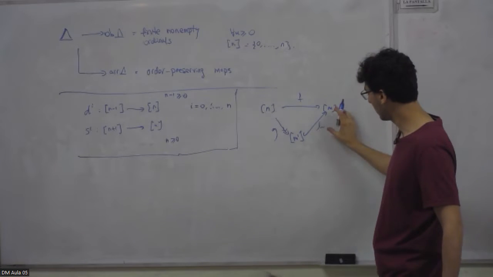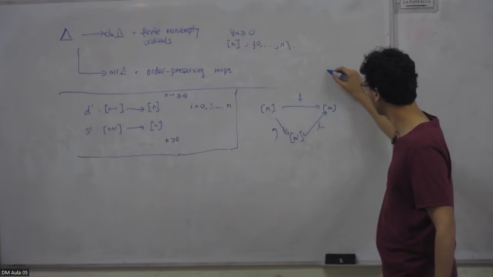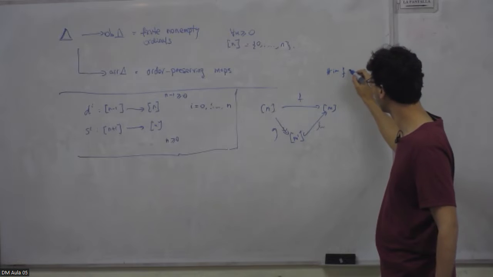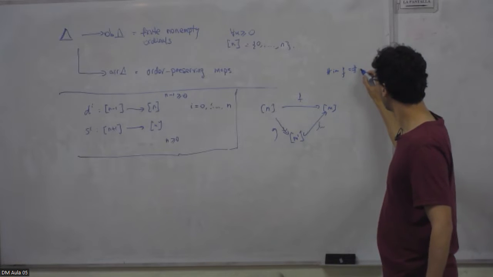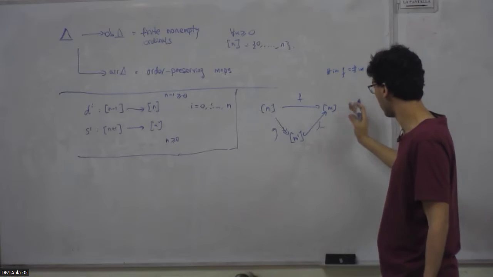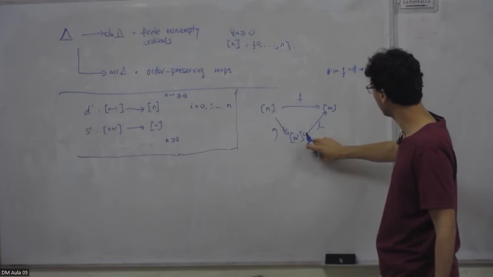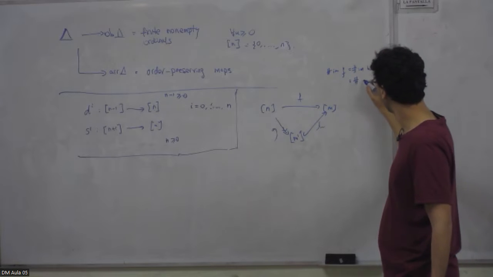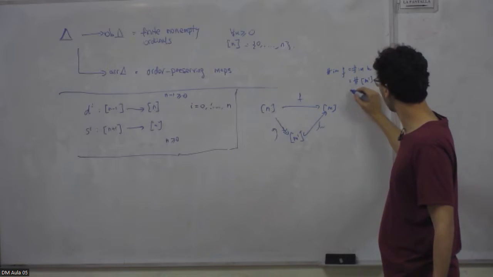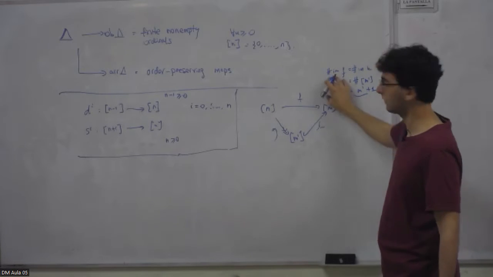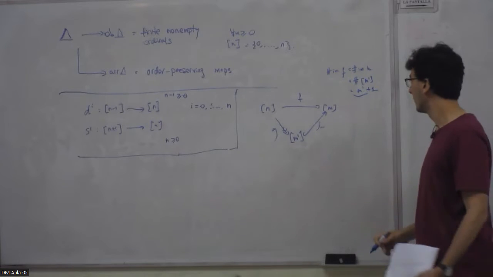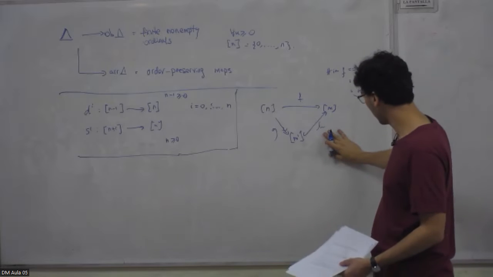And because this is an injection, the cardinality of the image of f must equal the cardinality of the image of h, because they are the same image. And because of the injectivity, this must equal the cardinality of m prime, which is m prime plus 1. So m prime is completely determined by who f is. So there's only one option here.